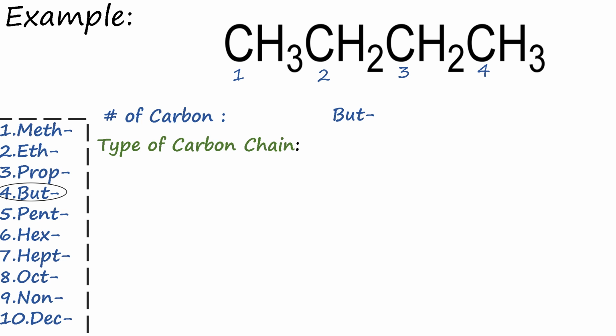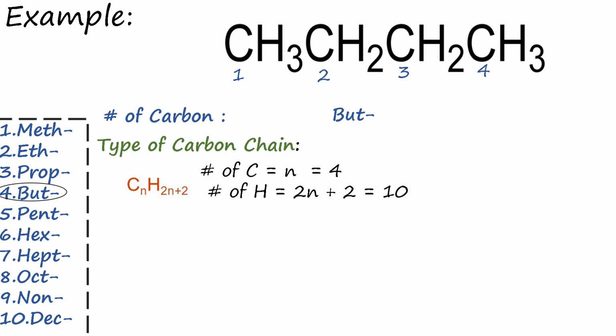We have two methods to determine if it's an alkane, alkyne or alkene. We can either use the formula CnH2n+2 and test if it's an alkane or not, or we can draw it out and determine which one it is. Right now I'm going to use the formula.